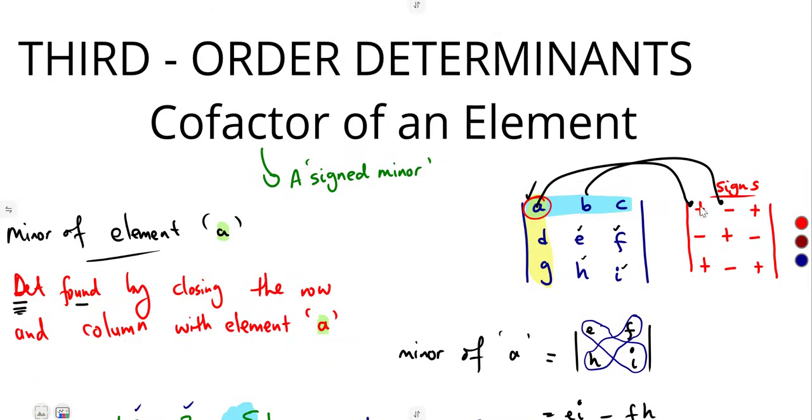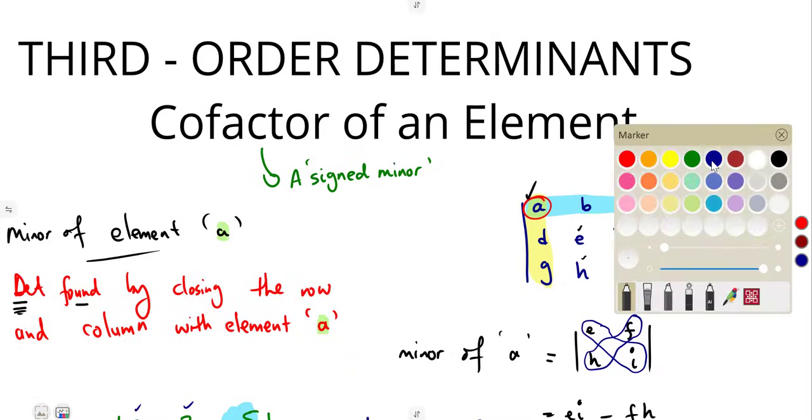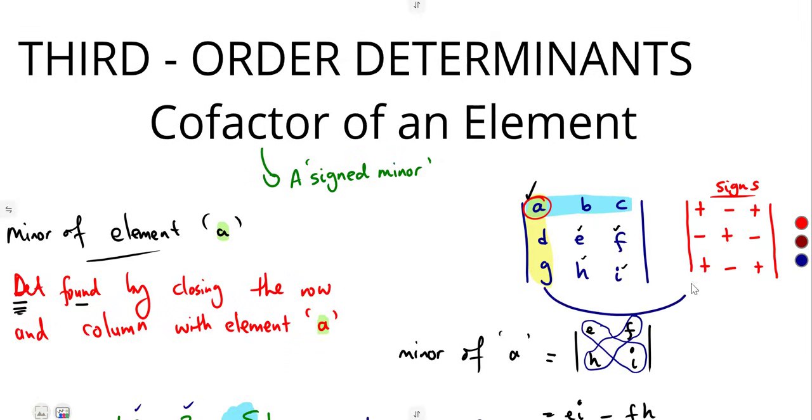B by a negative, C by a positive, D by a negative, E by a positive, F by a negative. Each element corresponds to its sign. G to a positive, H to a negative, I there to a positive, like that.